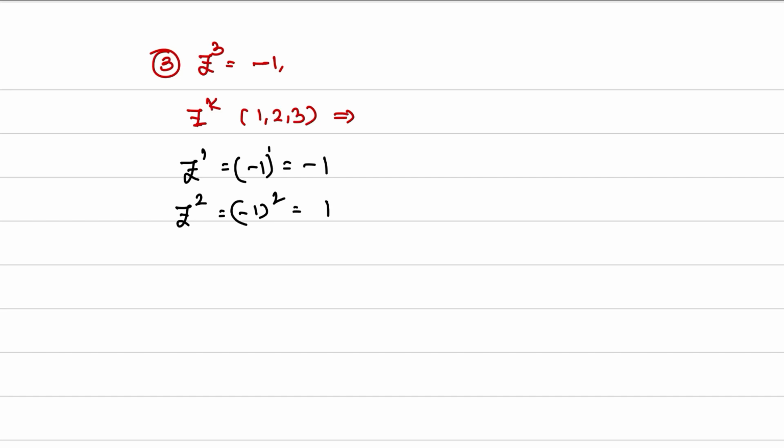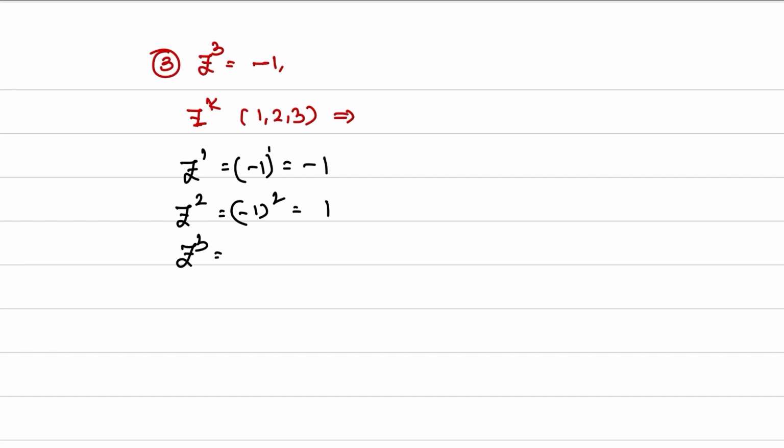Then, what are the values of z to the power of k for 1, 2, 3? Z to the power of 1 is equal to minus 1 to the power of 1 is equal to minus 1. Z to the power of 2 is equal to minus 1 squared is equal to 1.